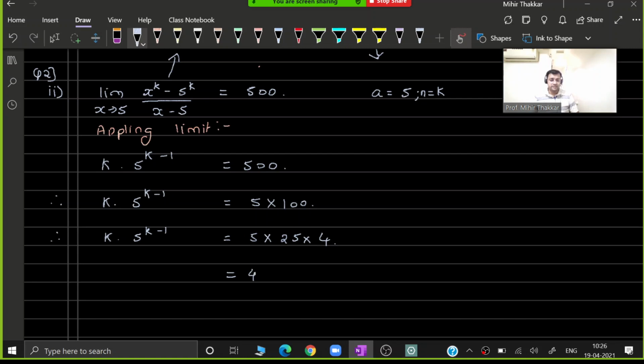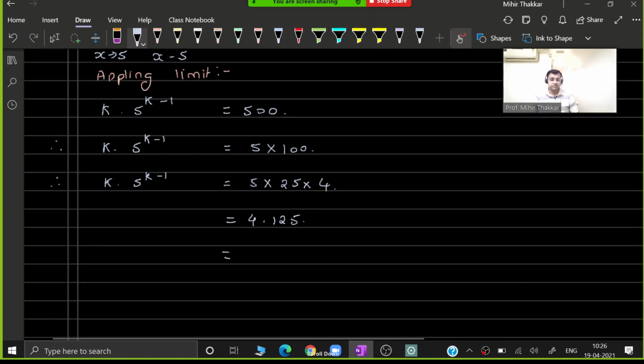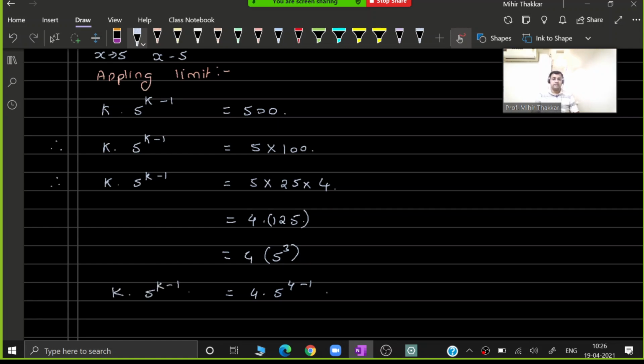So I will write this is equal to 5 into 125, which is equal to 4 multiplied by 5 raised to 3, which can also be written as 4 multiplied by 5 to the power 4 minus 1 is equal to k multiplied by 5 to the power k minus 1.